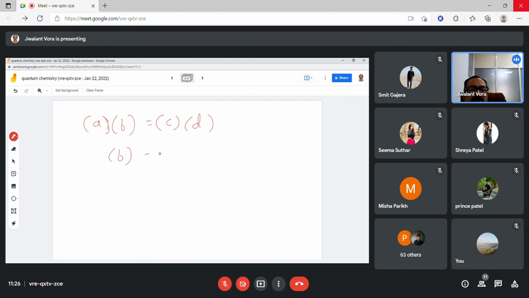B is equal to C upon A into D, I am rearranging it like this. Right, look again.